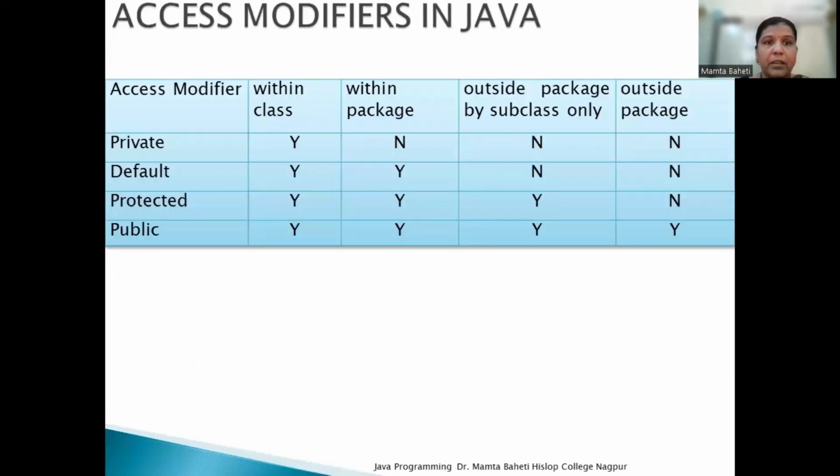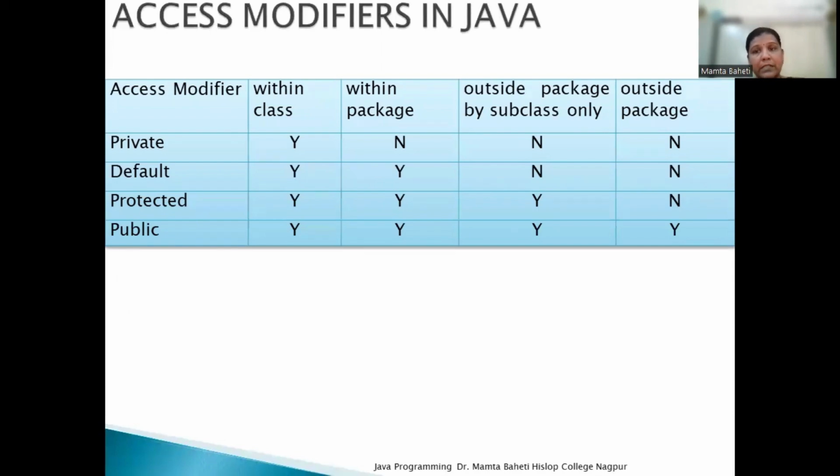Now, what are the access modifiers allowed in Java? Private is accessible within the class, but not within the package, outside the package, or by a subclass. Default is accessible within the class and within the package, but not outside the package, even by a subclass.